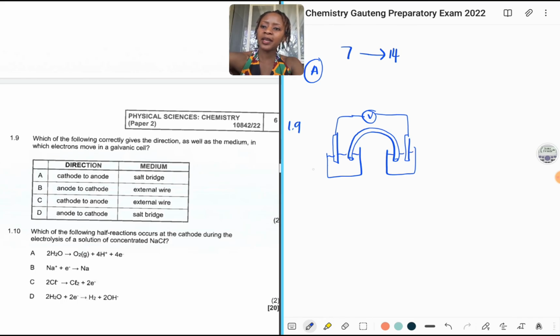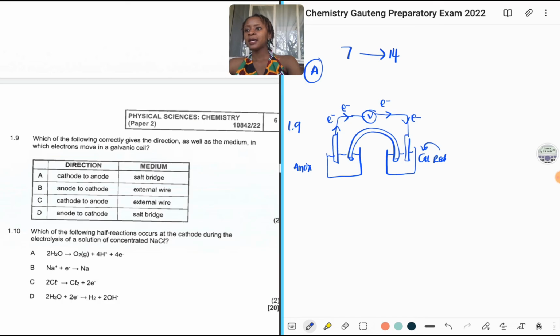Here we have your anode, where oxidation occurs. Here we have your cathode, where reduction occurs. Red cat. Anyway, it says, where do the electrons flow? In which direction? Direction as well as medium. Your electrons flow from the anode to the cathode.